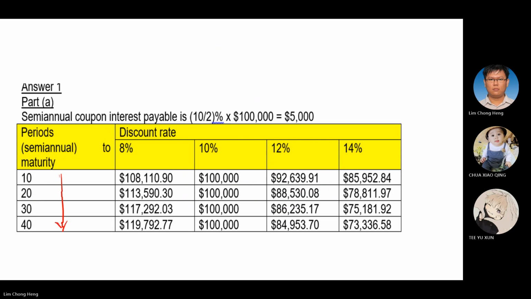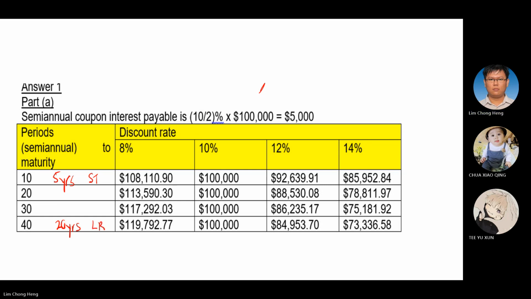This is the 5 years bond. This is the 20 years bond. So this is a short term bond, and this is a long term bond.